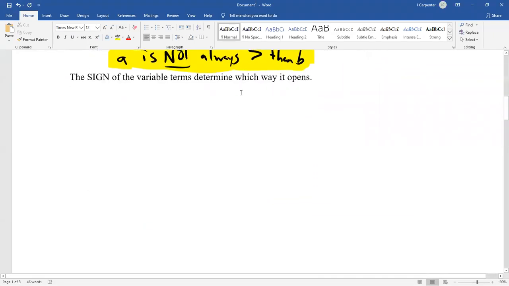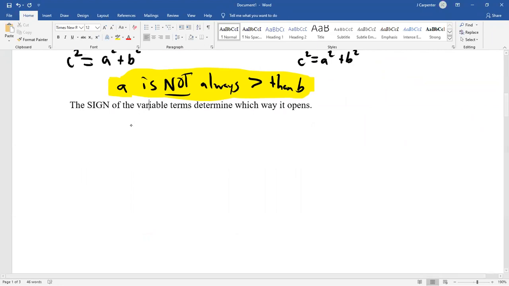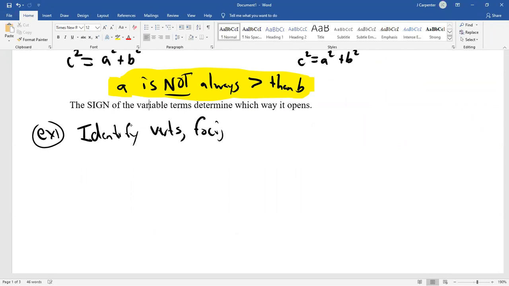All right, so for example 1, and we're not actually going to get to graph this yet. Let's identify the vertices, the foci, and which way it opens. In other words, which one is the transverse axis?